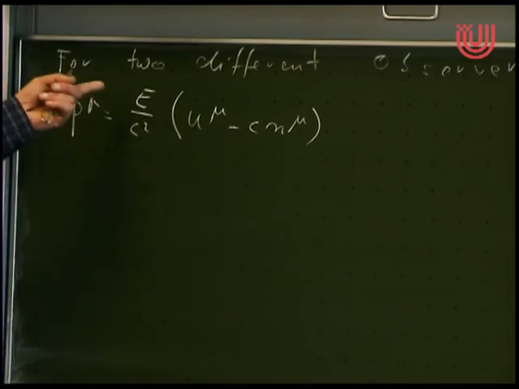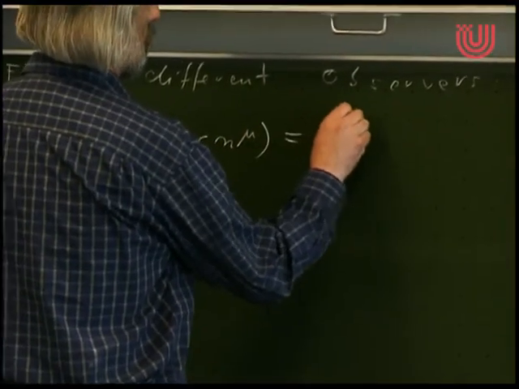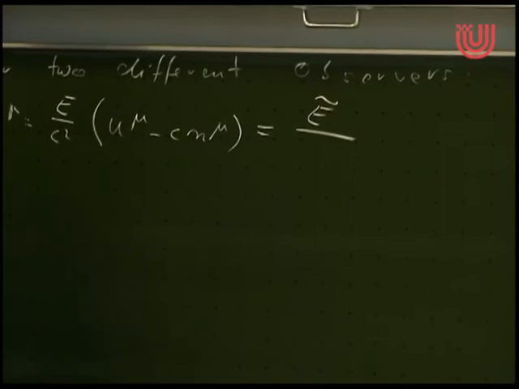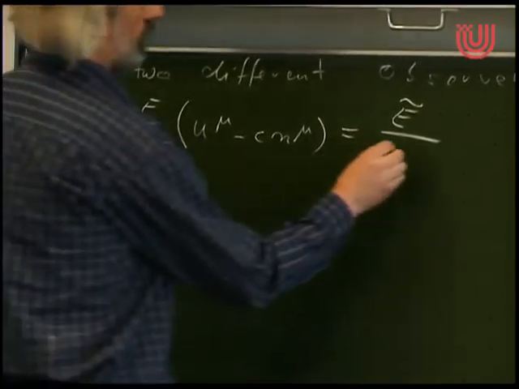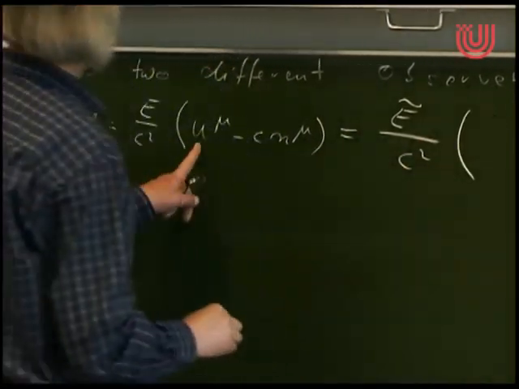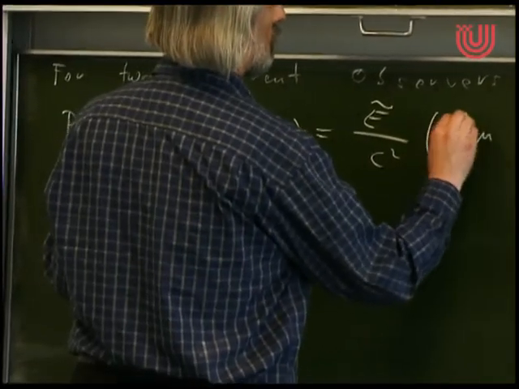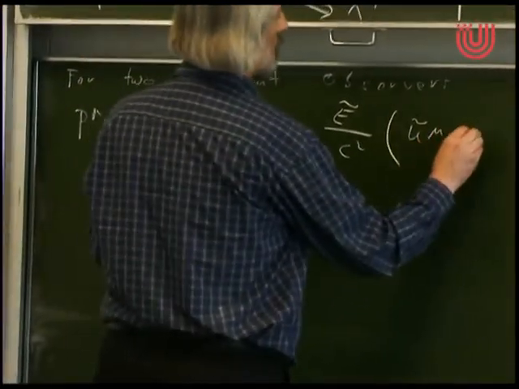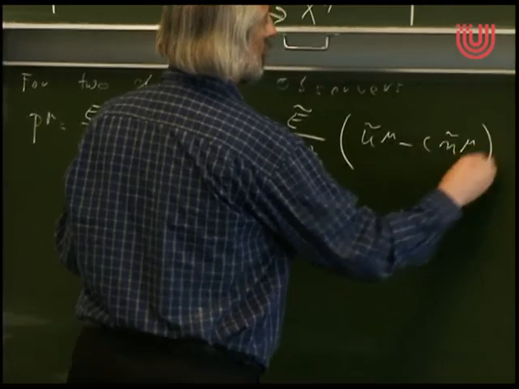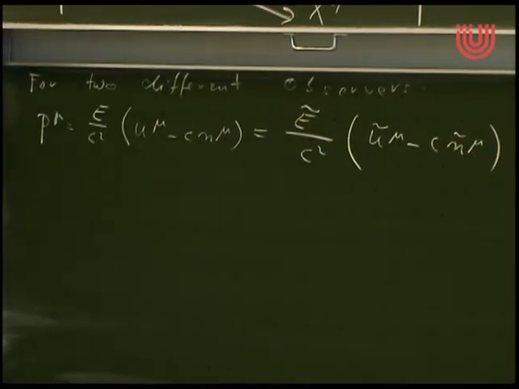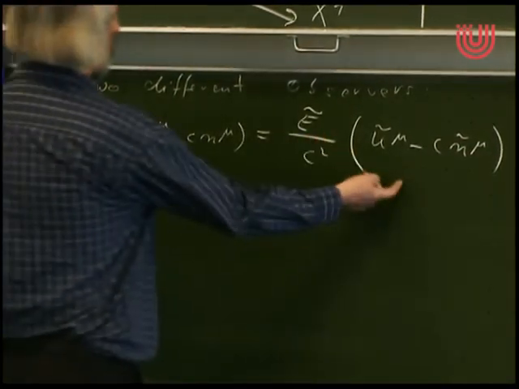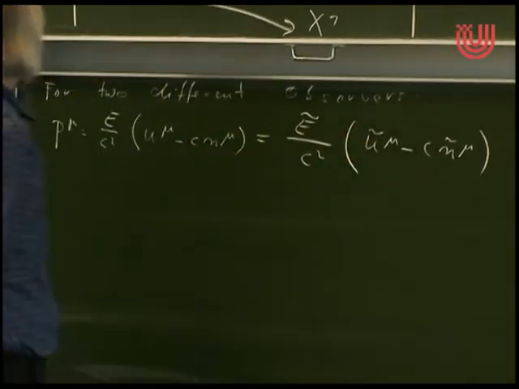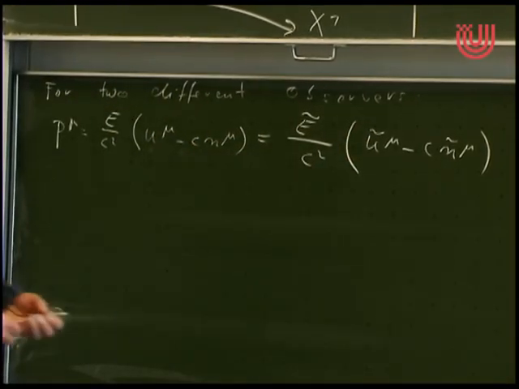And now for the other observer, I will have another energy, which I call E tilde. c is, of course, c. c doesn't change. It has a four-velocity ũ^μ, and it has a spatial direction ñ^μ. Okay? And now from this equality I have to extract some information about E and E tilde.